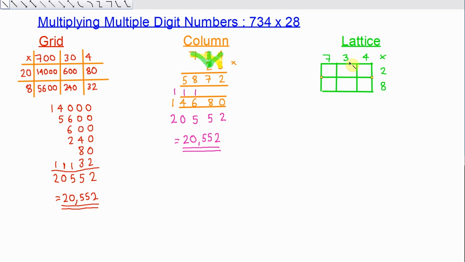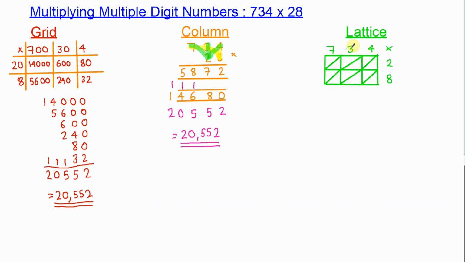And once you've done that, your next step is to split the squares into diagonals. The reason why I like this method is that at this point, in terms of the actual calculations, the only thing you'll ever need to do is up to 9 times 9.